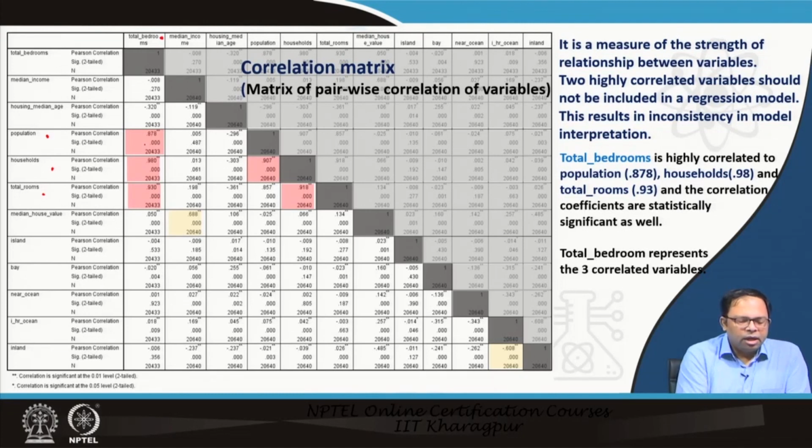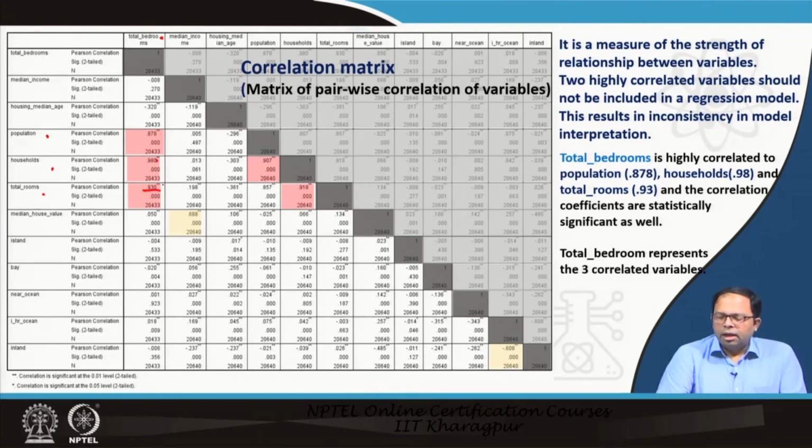So, instead of taking these 4 variables in the equation, we can take only one of those, and that would be good enough. We can replace population with total bedrooms, we can replace households with total bedrooms, or we can replace total rooms with total bedrooms, because these are correlated data. The correlation values are shown over here. These are very high correlation values.